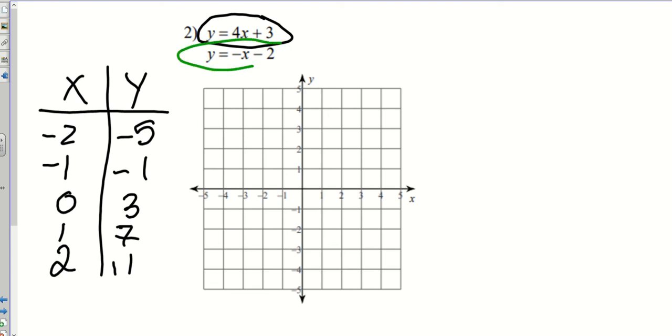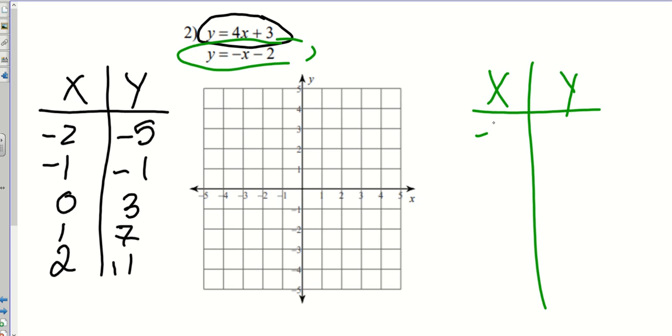So when doing my table for the second one, again, I'm looking for the same x and same y value. So I'll choose the exact same x values, and then I'm going to put them in. Here I have to remember that the negative means the opposite. So when I'm taking the opposite of -2, I get a +2.